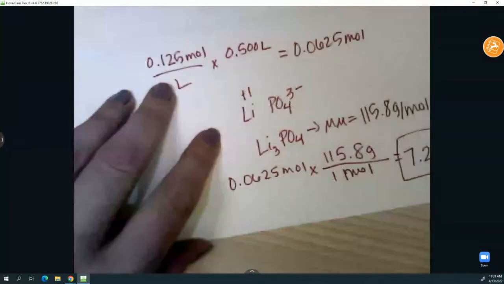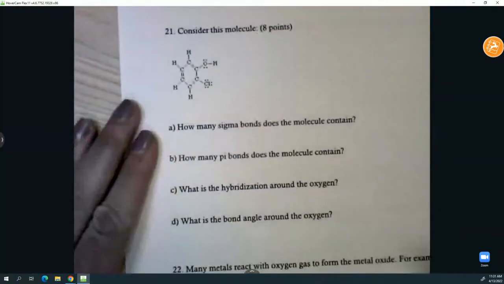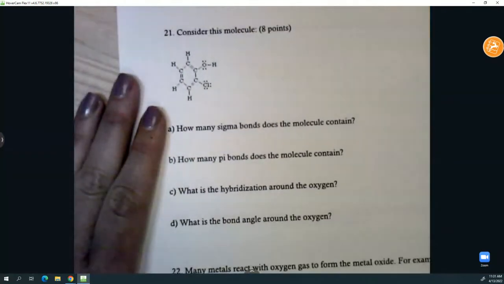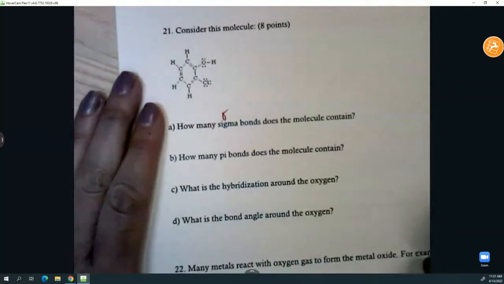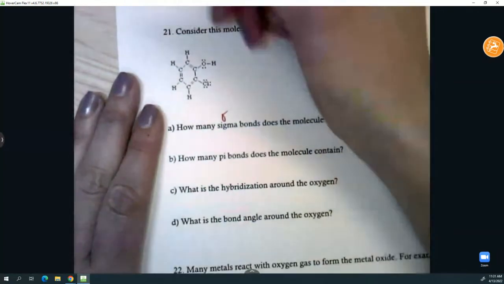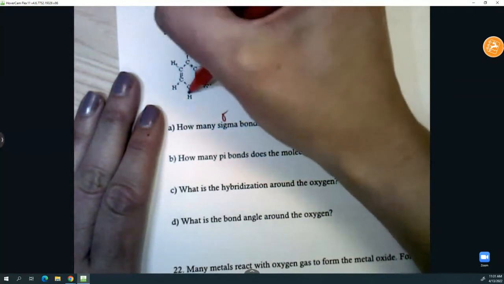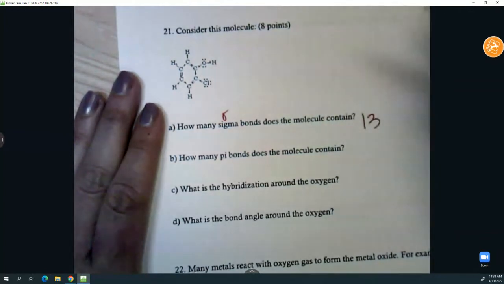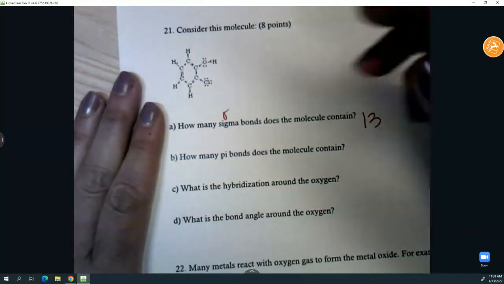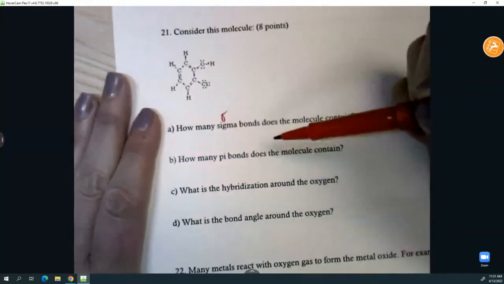All right, another page done. Consider this molecule. How many single sigma bonds, that does mean single bonds, and then how many pi bonds, hybridization, bond angle. Okay, so I just have to count this carefully. 1, 2, 3, 4, 5, 6, 7, 8, 9, 10, 11, 12, 13. So I counted every single bond for the sigma because when you have a double bond, the first bond is a sigma, so even the double bonds I counted.